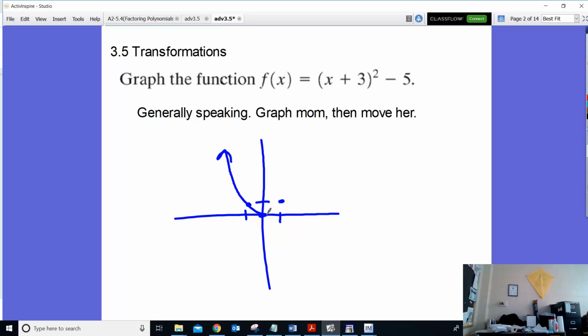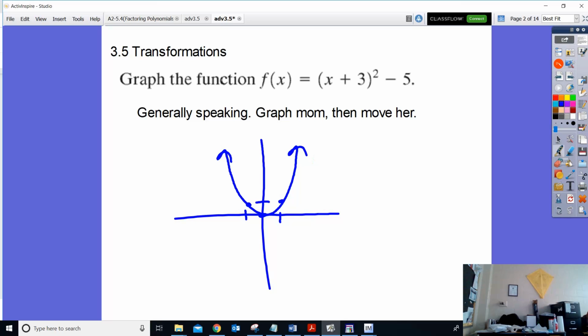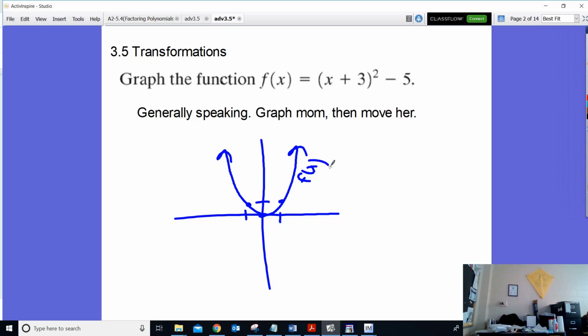There's mom. Call the child f prime of x. I'm going to label it when I do it. I can tell which graph's which just by looking at it. Now, plus 3. How's that shift? Left 3.